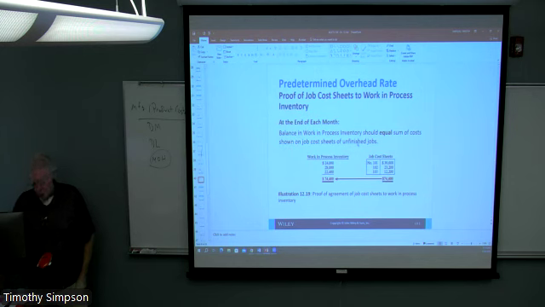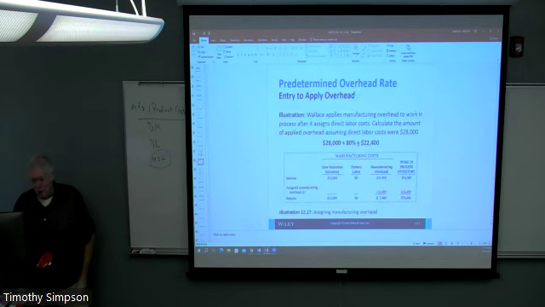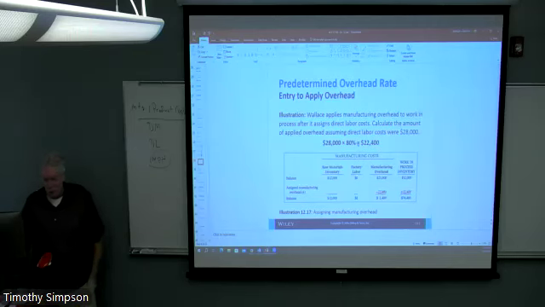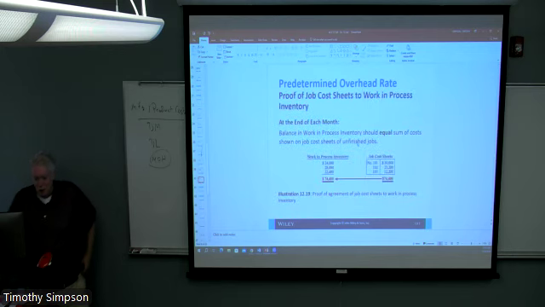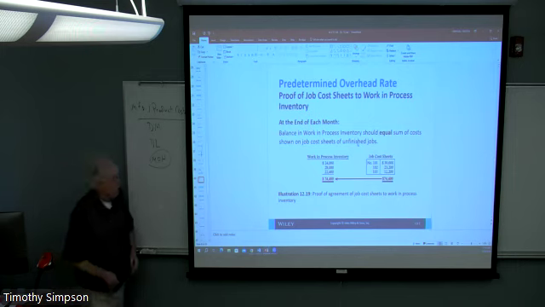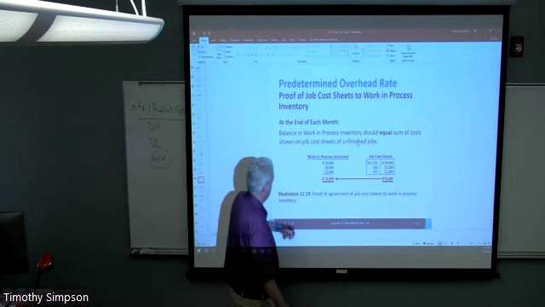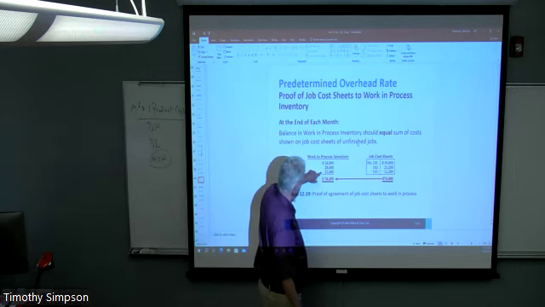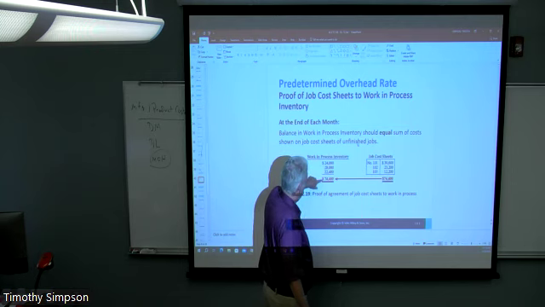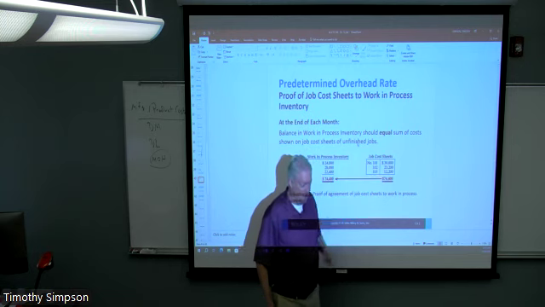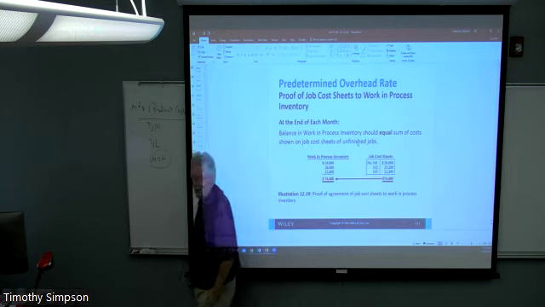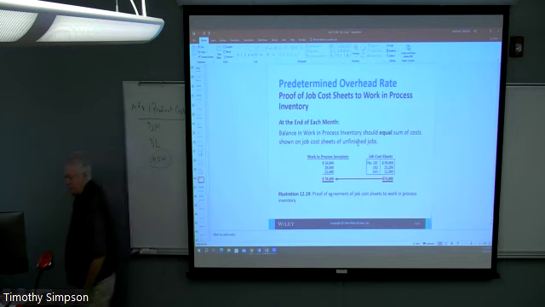All right, so if we go back, remember we had 52,000 work in process before we moved over 22,400 manufacturing overhead, and that brings us to 74,400. So all we've got now is an aggregation of costs that we have now inventoried: direct materials, direct labor, and manufacturing overhead, 74,400, and we can further break those down by individual jobs, the 3 jobs this particular company is working on, okay?